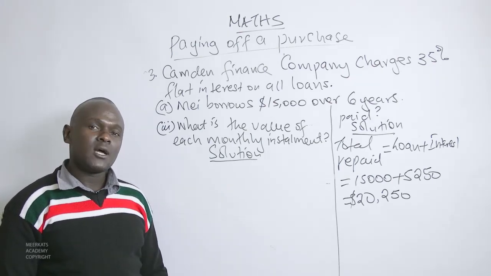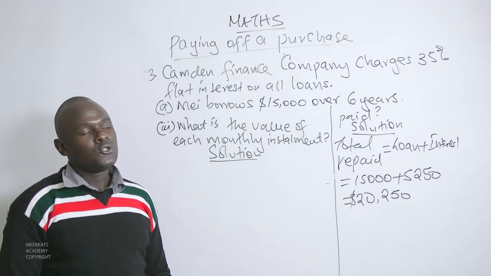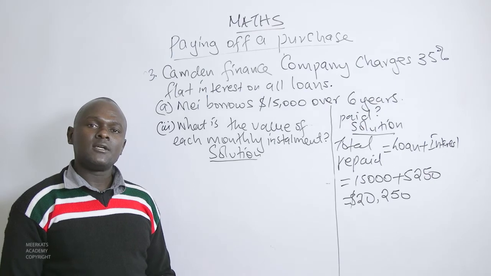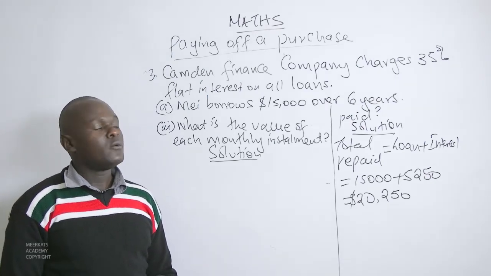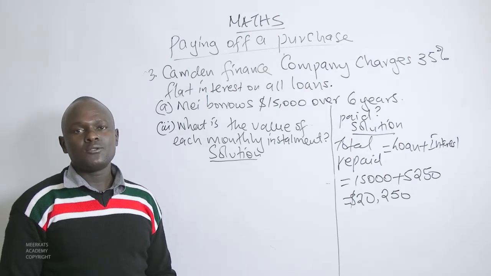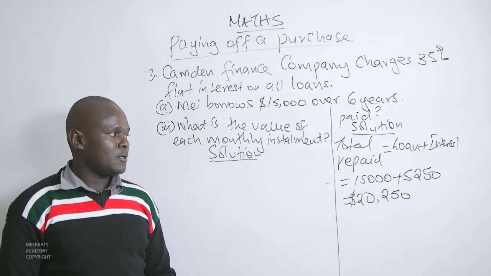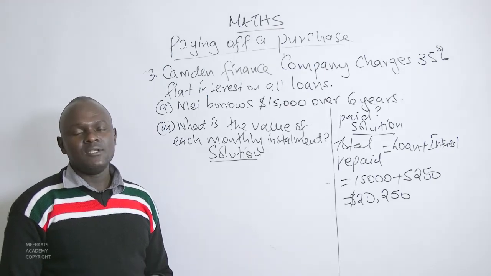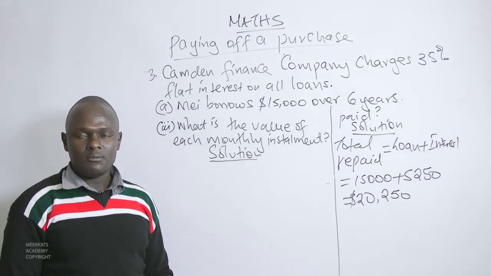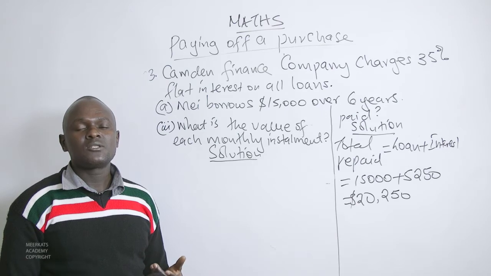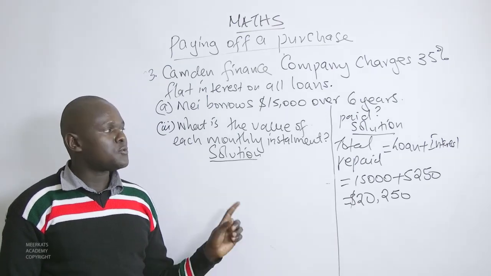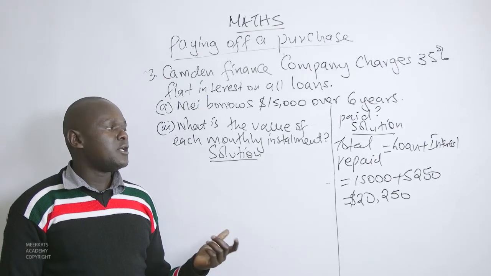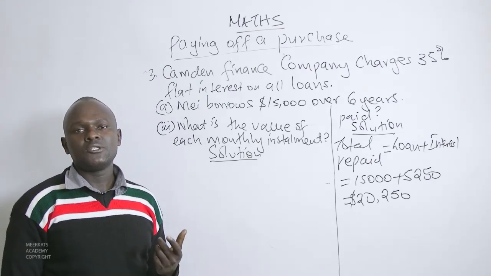In this case, we are talking about a loan and we don't have a deposit. So this total amount that should be repaid is only going to be repaid using the second category of hire purchase, where we repay using installments, or what we call repayments only. These repayments are going to be made over a period of 6 years, and they are monthly installments. So we need to know how many installments are going to be made, because we already know the total amount to be repaid. Having known the number of installments, we can proceed and calculate the value of each installment.